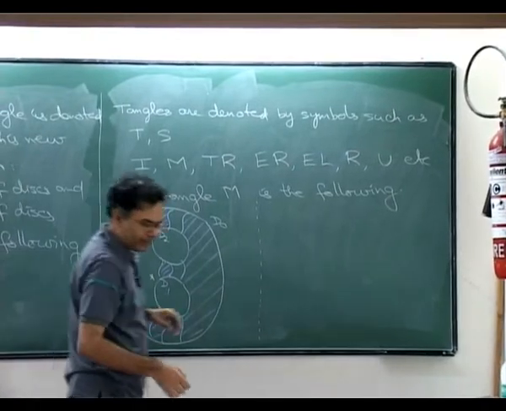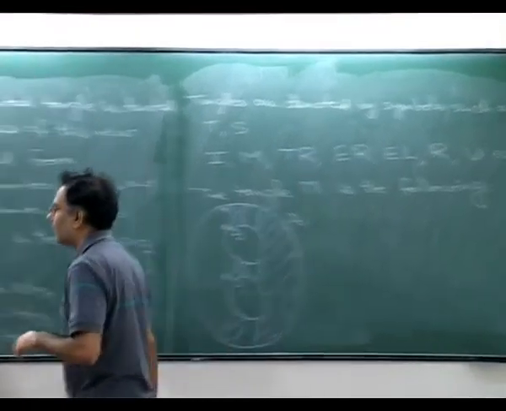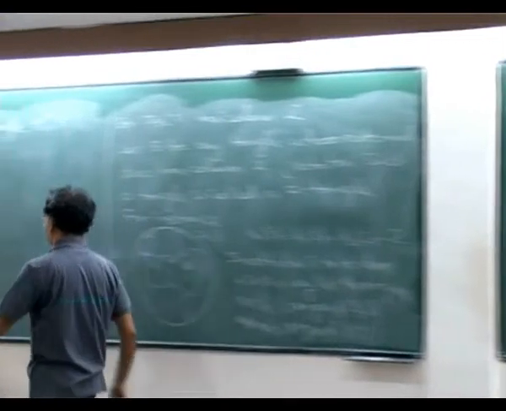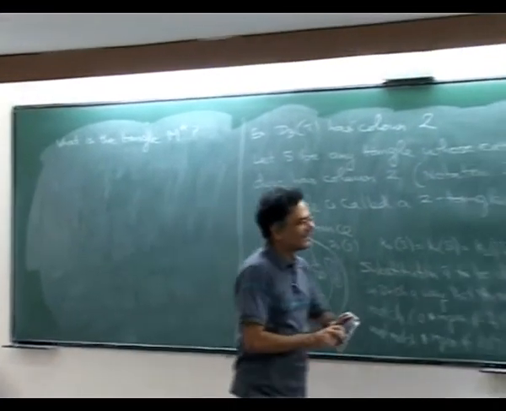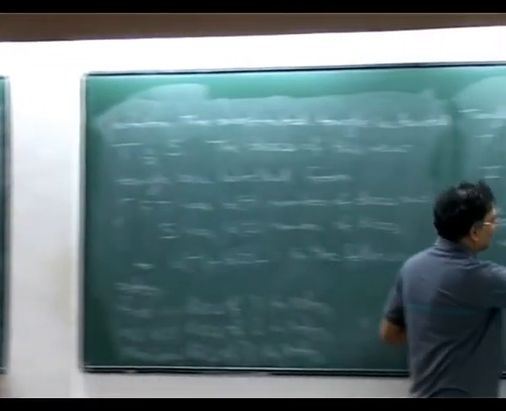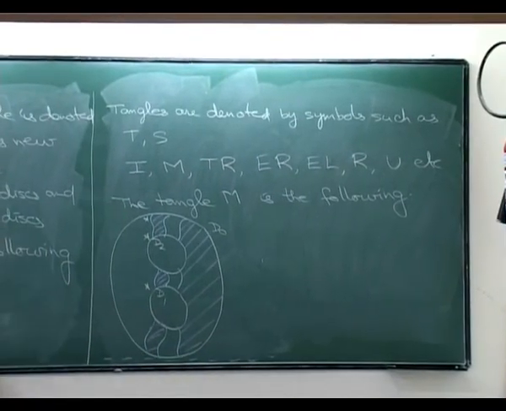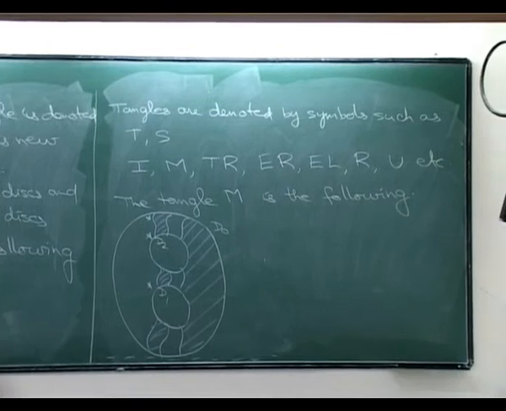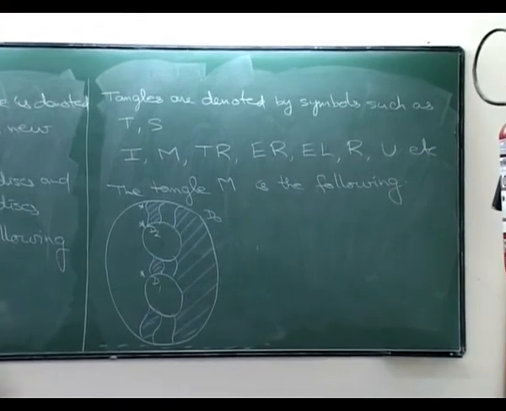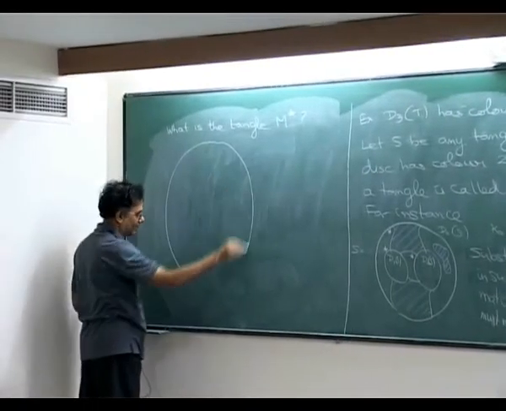Or maybe I won't reflect along this line, I'll reflect along the other line. Doesn't matter, but it's more convenient. So let me reflect in a mirror of this kind. In that horizontal mirror, I will reflect this and see what I get. So that oval still remains like this.